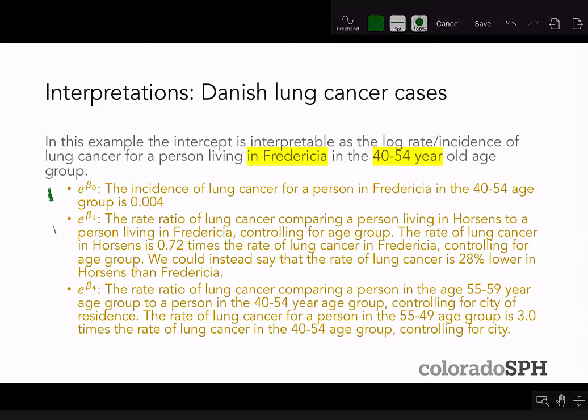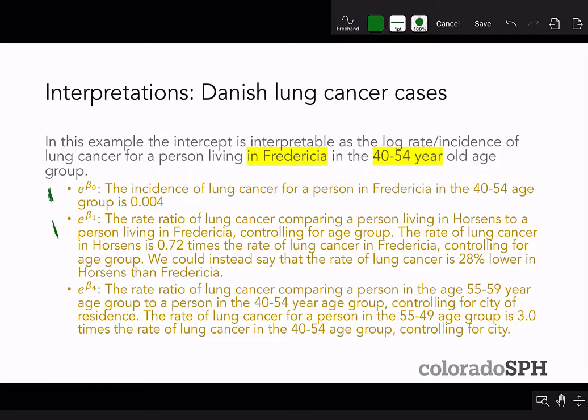For the first beta coefficient, which compares Horsens to Frederica, we would say that the rate ratio of lung cancer comparing a person living in Horsens to a person living in Frederica, controlling for age group, is 0.72. Alternatively, you could say that the rate of lung cancer in Horsens is 0.72 times the rate of lung cancer in Frederica, controlling for age group.